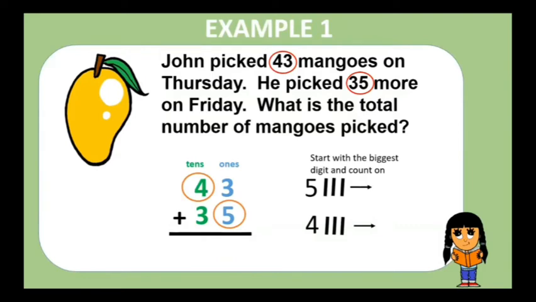Here we will take the biggest digit, and then we will continue the counting after the biggest digit. First I have taken the biggest number from ones place, that is 5, and continued the counting with 3, which gives us 8. And then on the tens place I have taken the biggest digit 4 and continued the counting with 3, which gives us 7. So our answer will be 78.